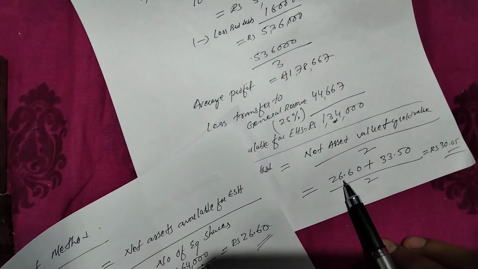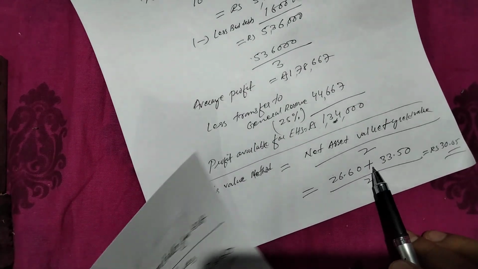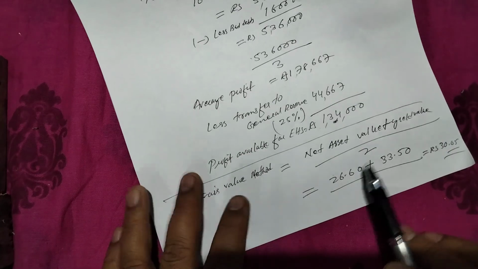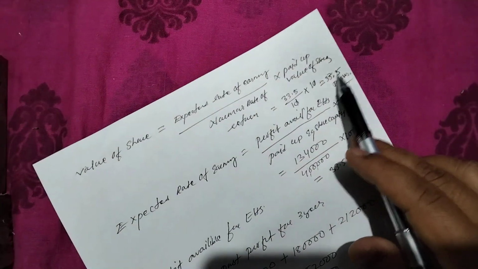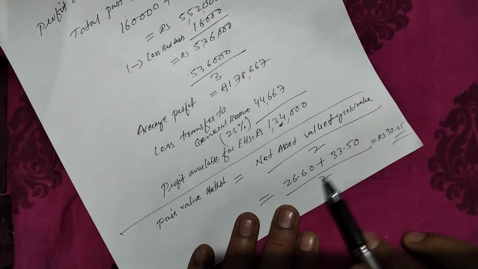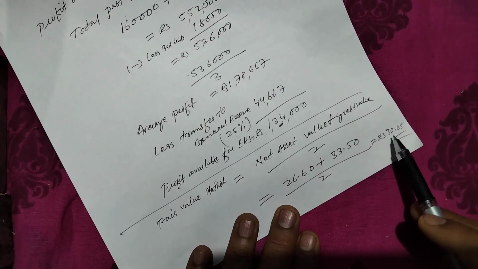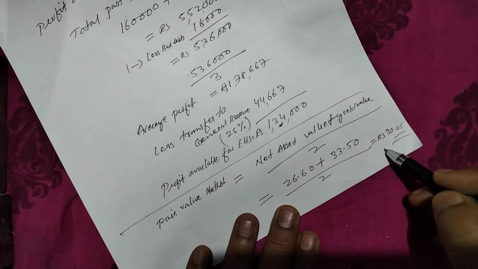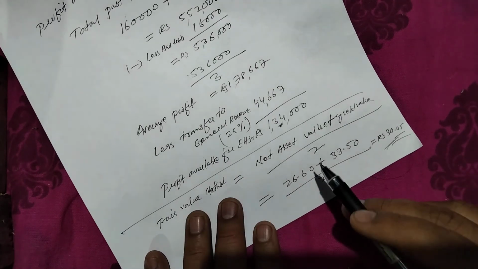So you have to write 26.60 plus the value of share through yield method, we have brought that also, 33.50, divided by 2, so it will be 30.05. This is the value of share through the fair value method.